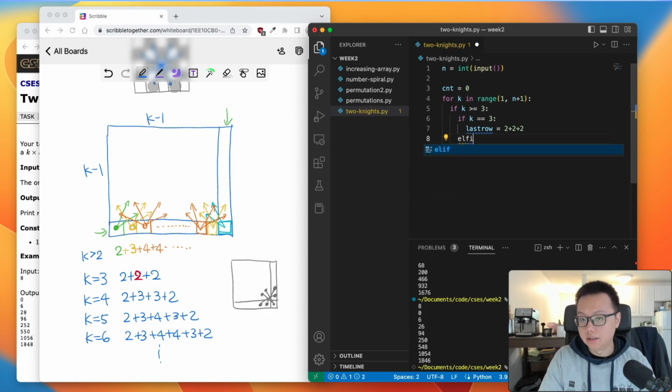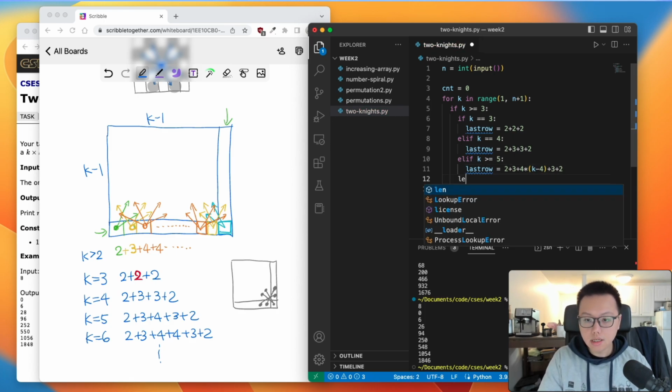If k is at least 4, then the last row is 2 plus 3 plus 3 plus 2, and if k is at least 5, then the count is 2 plus 3 plus 4 times k minus 4 plus 3 plus 2.